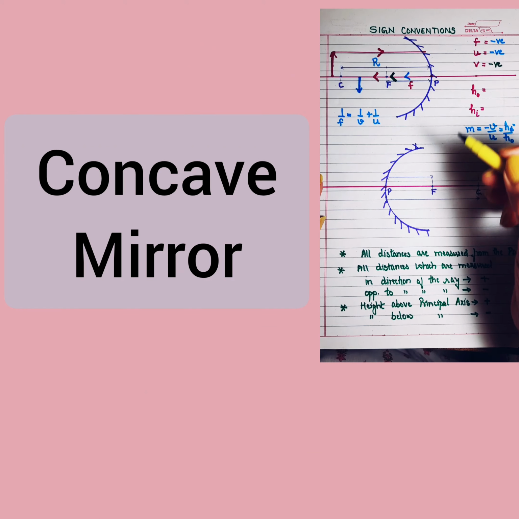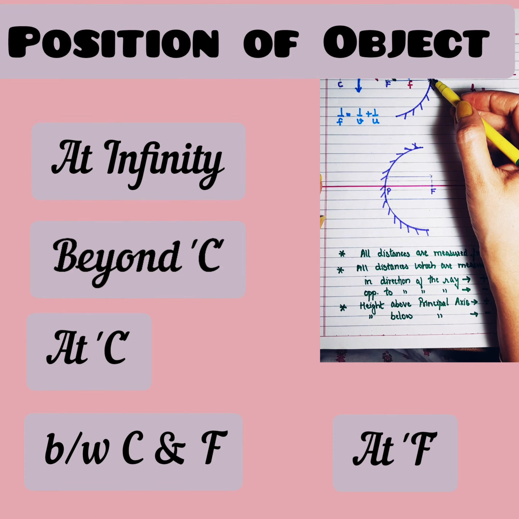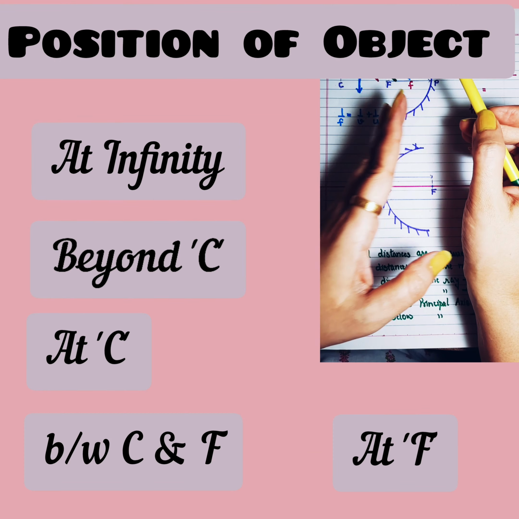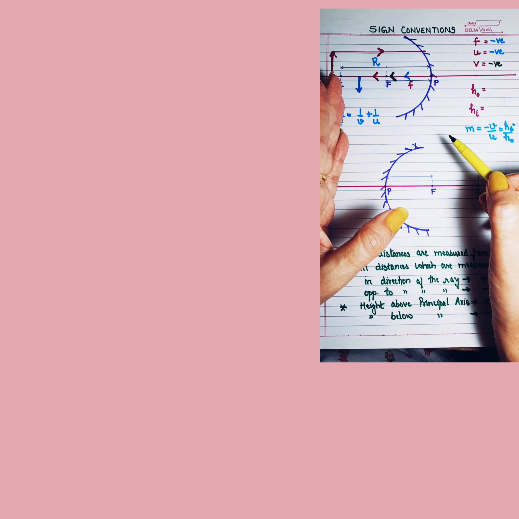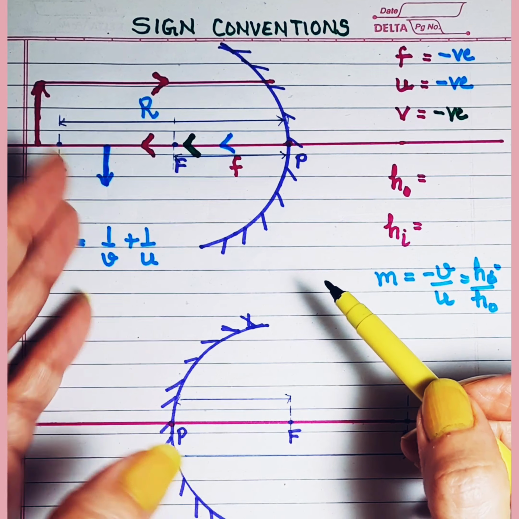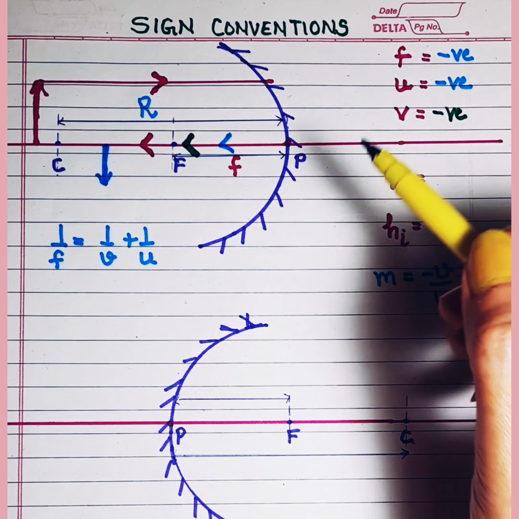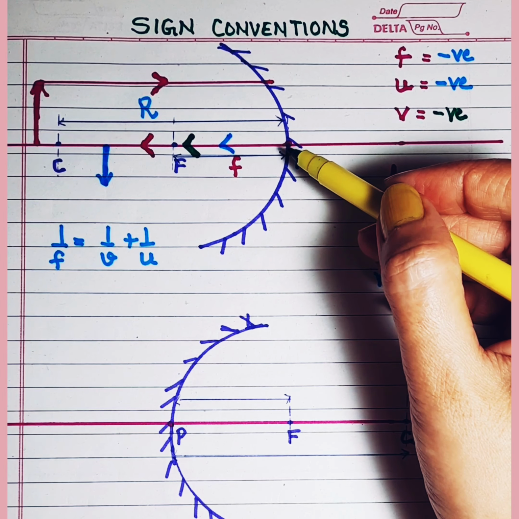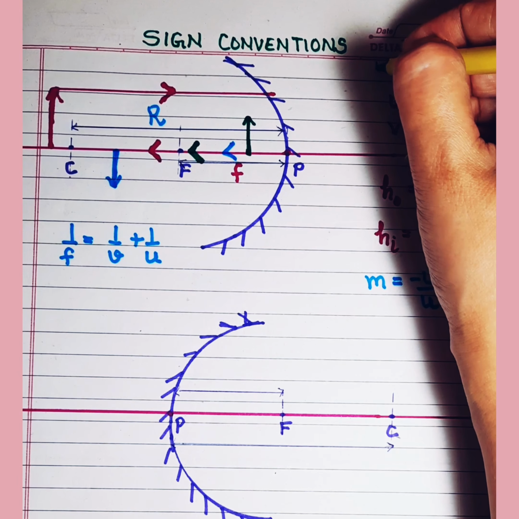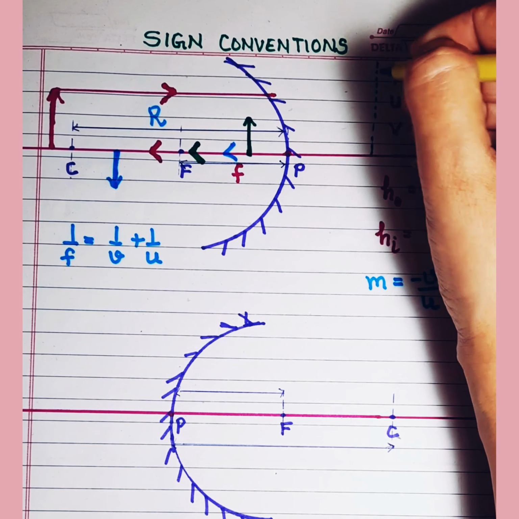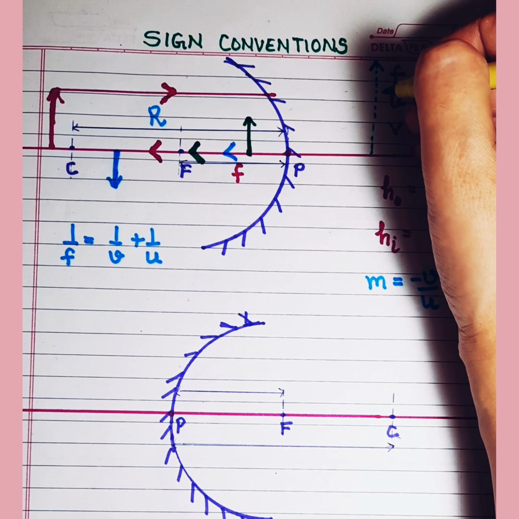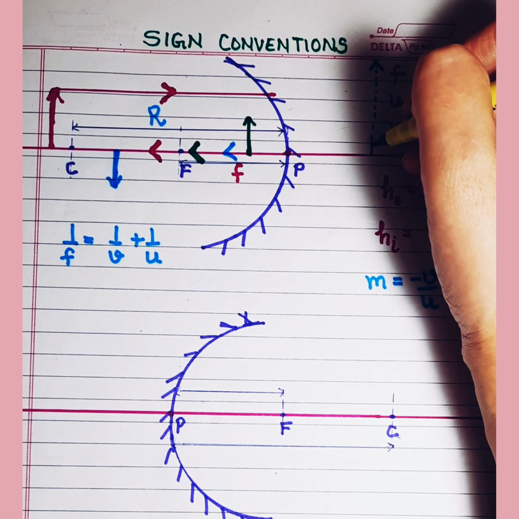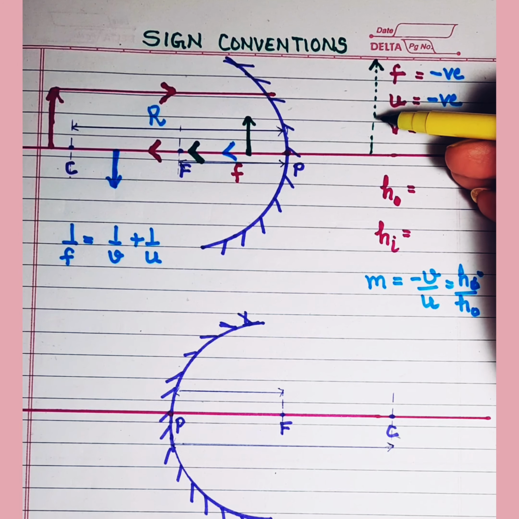But you know that in a concave mirror, in the first 5 cases, the image is always formed in front of the mirror. You can look at the first 5 diagrams given in your NCERT book. But in the last case, the image is formed behind the mirror, and since it is behind the mirror, I am showing it with a dotted line because it is a virtual image.